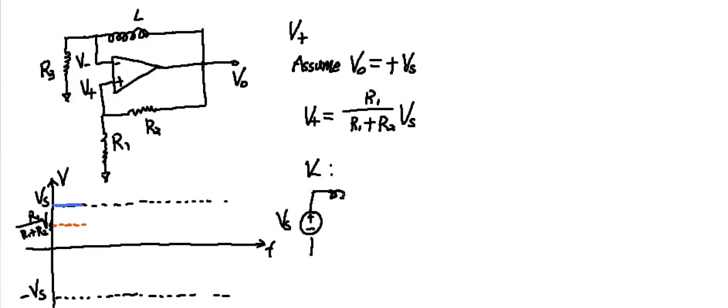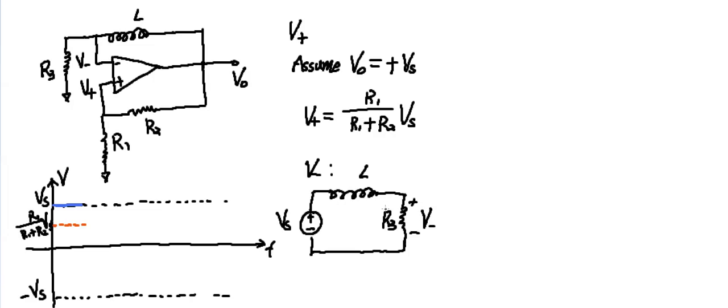And then we have the inductor and resistor, which is connected to ground. So this is R3. We realize that the input voltage V minus is actually also the voltage across R3. So this is V minus.